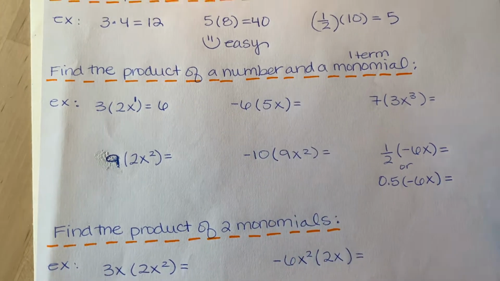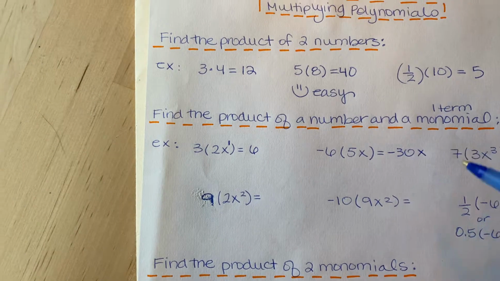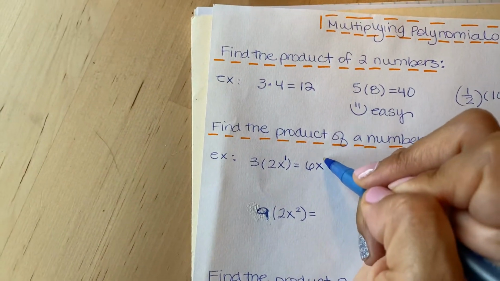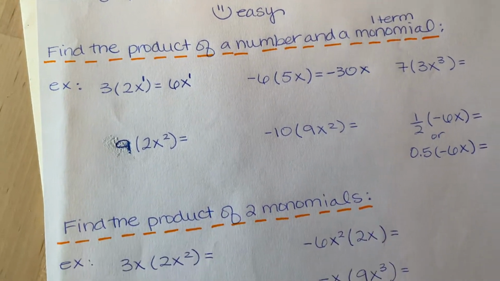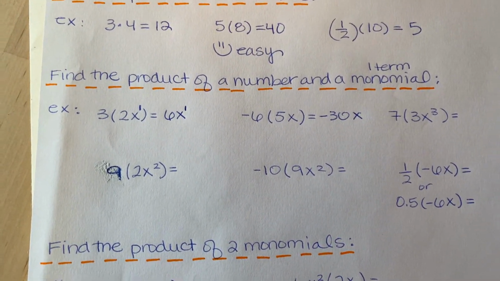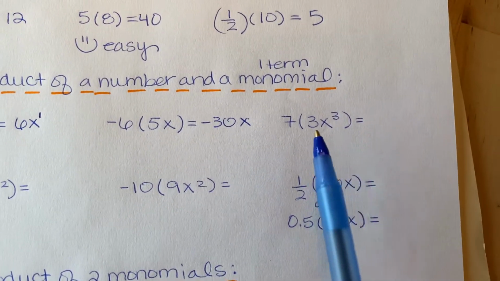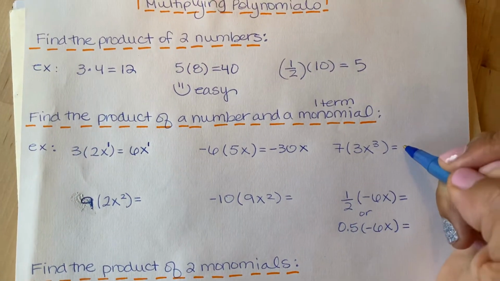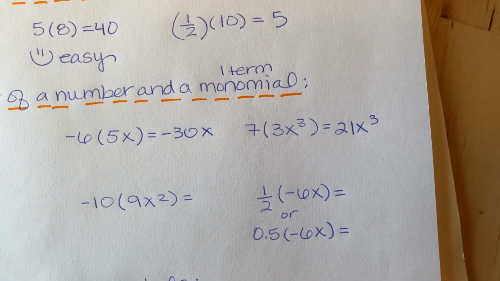-6 times 5, -30x. And whether you want to, whoa, I skipped it. And whether you want to write the 1 or you don't want to write the 1, it doesn't matter. For those of you that went to IM3, I don't need to tell you anything. You know what you need to do. Okay, 7 times 3, 21, and then we just have an x cubed, right?